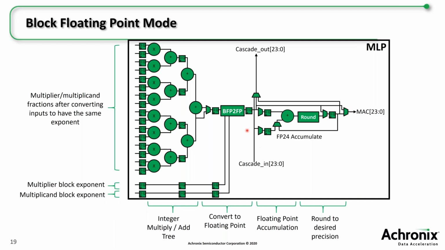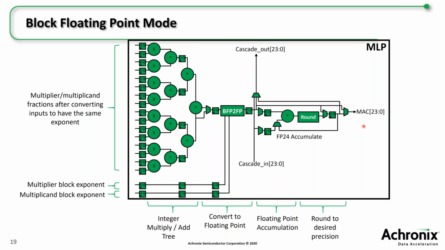And each of the new values coming in here will have a mantissa associated with the result, but an exponent which is simply a sum of the 2 operand exponents. And then that will get summed with the accumulated value that you've got. The values are natively accumulated as FP24, but they can be cast to be FP16 or bfloat16 on the output. So you get a lot of flexibility in terms of how everything is used like that.